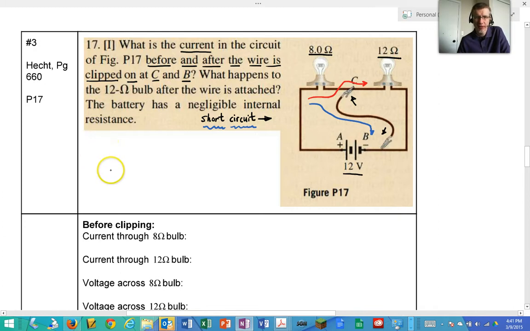So without the short circuit, so as drawn, without the clips in there, we want to find the equivalent resistance of this circuit. And since we have a series of resistors, the equivalent resistance is one resistance plus the other. So we find that the equivalent resistance would be 8 ohms plus 12 ohms, which would be 20 ohms. And then we would use Ohm's law to say that the voltage equals the current times the resistance.